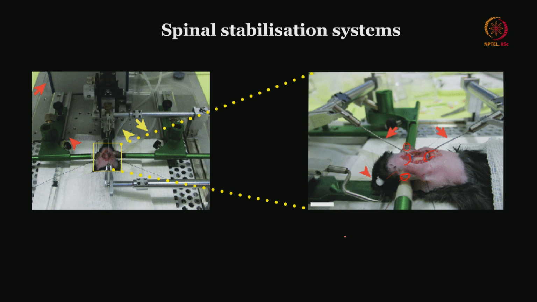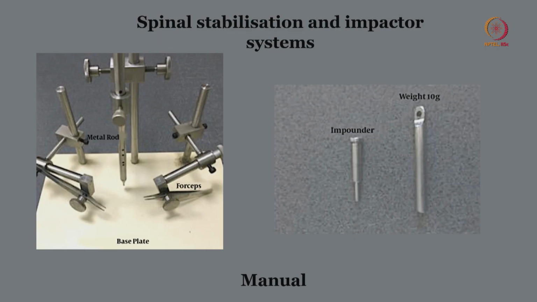So that retraction is an amazing step which will clear the exposure of the spinal cord and make sure the tissue does not interfere with any of the surgical steps. Unwanted tissue will not hinder the progress of the surgery. So that is another good spinal stabilization system.